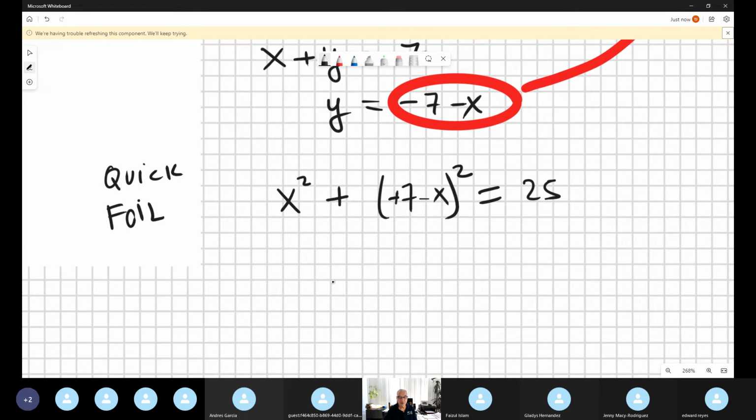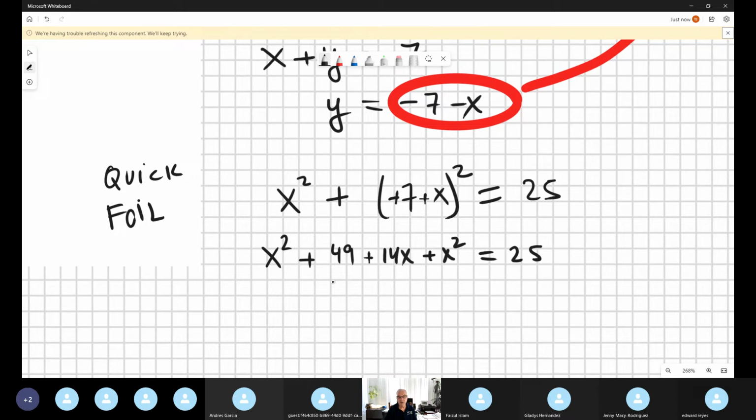You see the negative here becomes positive, yes or no? Do you understand why? Because it's a square, and everything squared becomes positive. The quick foil is x squared plus the first term squared, 49. What comes from 49? It's 7 times 7, no? Plus 2 times the multiplication, 14x, plus the second squared, equals 25.